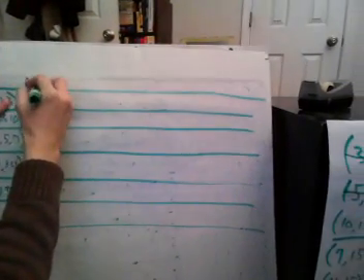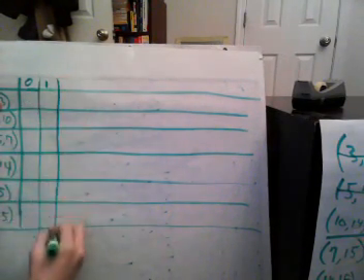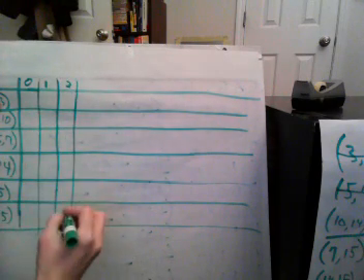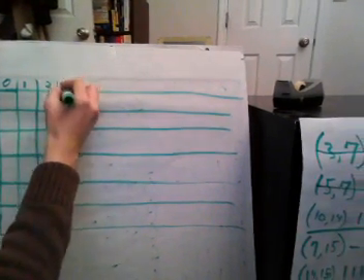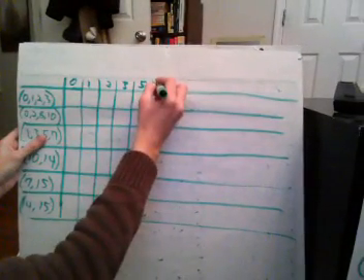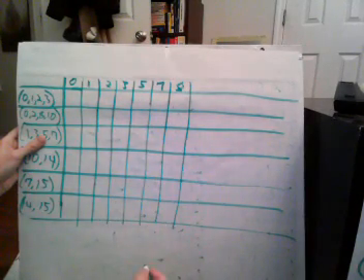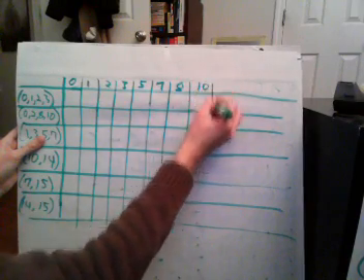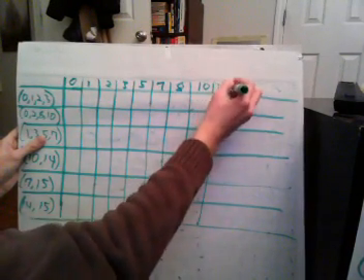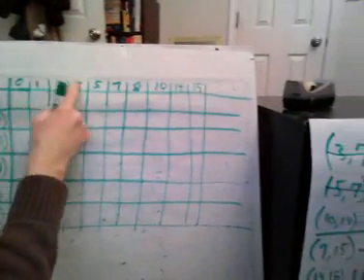So 0, 1, 2, 3, 5, oh, come back here, 7, 8, 10, 14, and 15. So 1, 2, 3, 4, 5, 6, 7, 8, 9, 10. Okay, that's all of them.